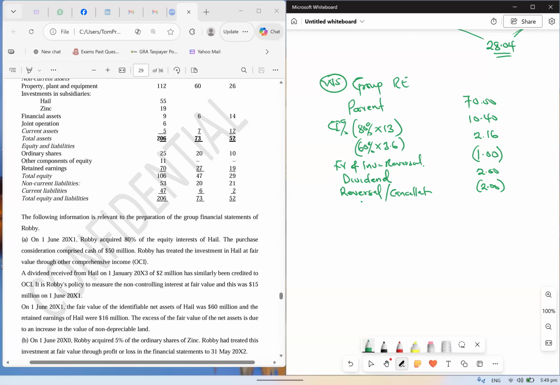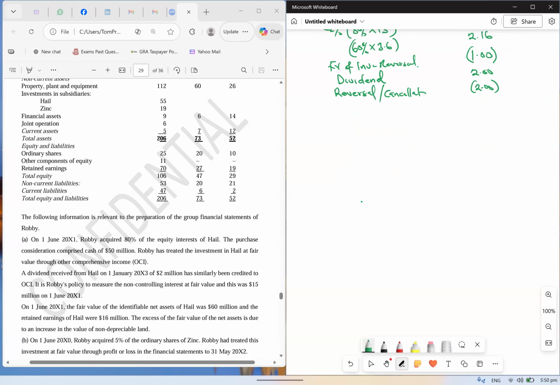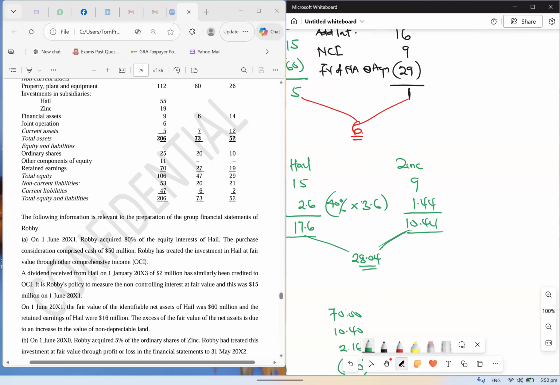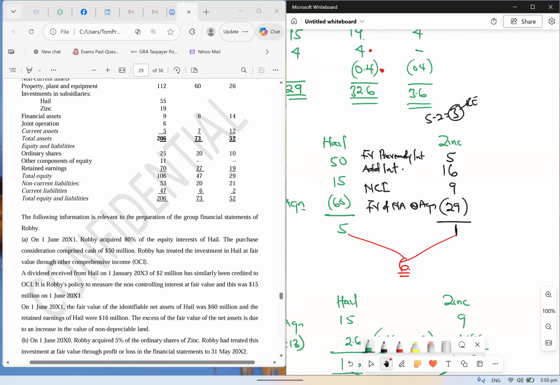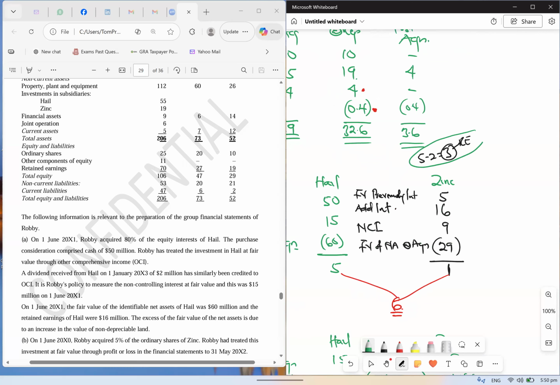If you also remember, what you saw is that the guy has gotten some fair value gain. You saw it here. This is it. There is a fair value here.